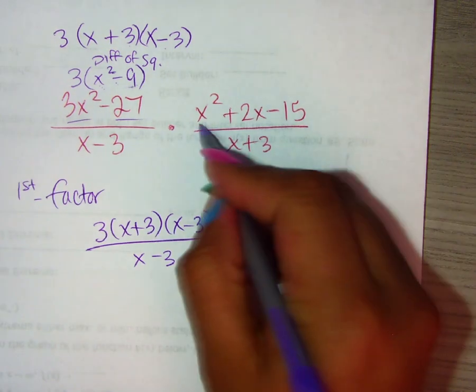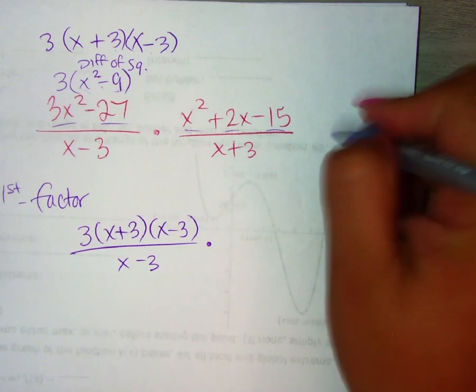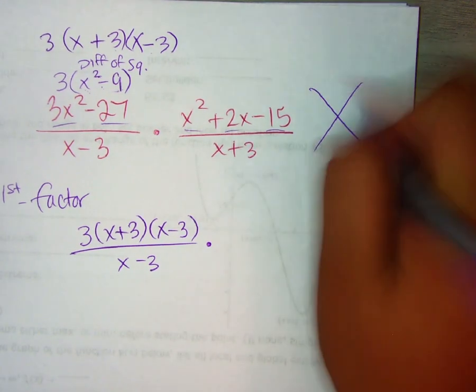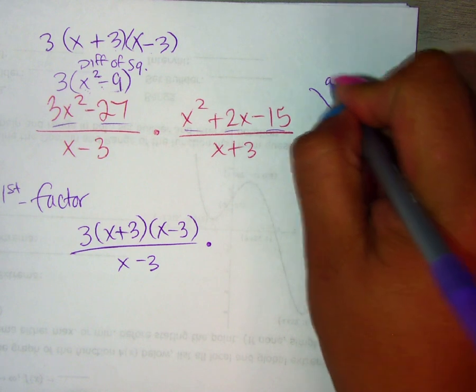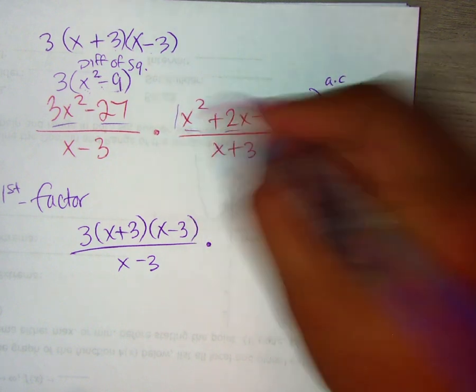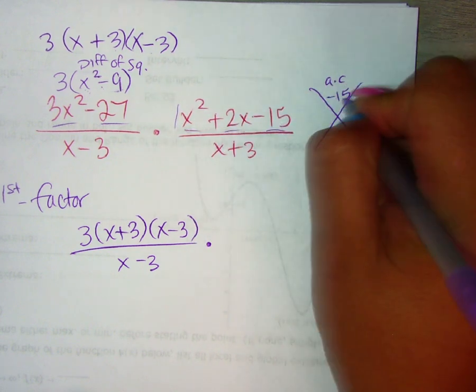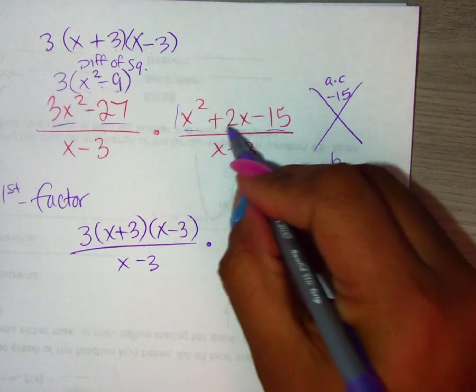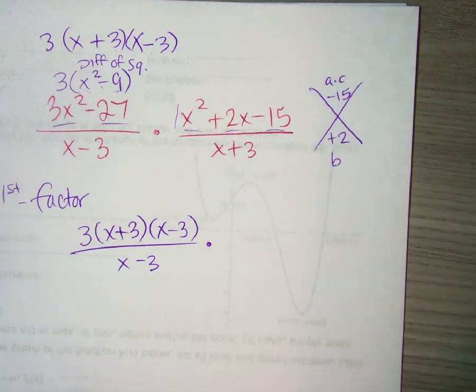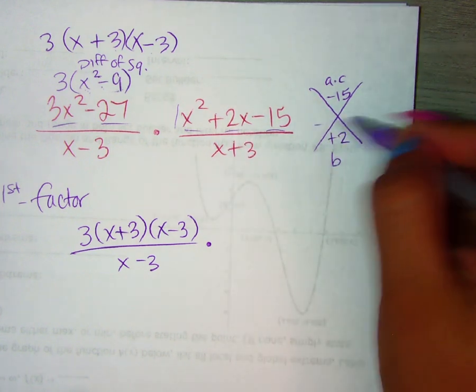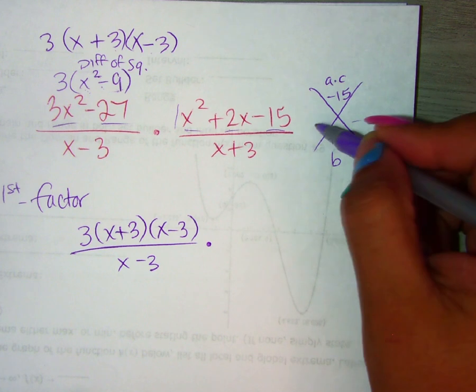On this one, we do have a trinomial, and trinomials are factored using the strategy of drawing the x. At the top is a times c, so that's 1 times negative 15, which is negative 15, and b is positive 2. What two numbers multiply to get 15 and combine to a 2?